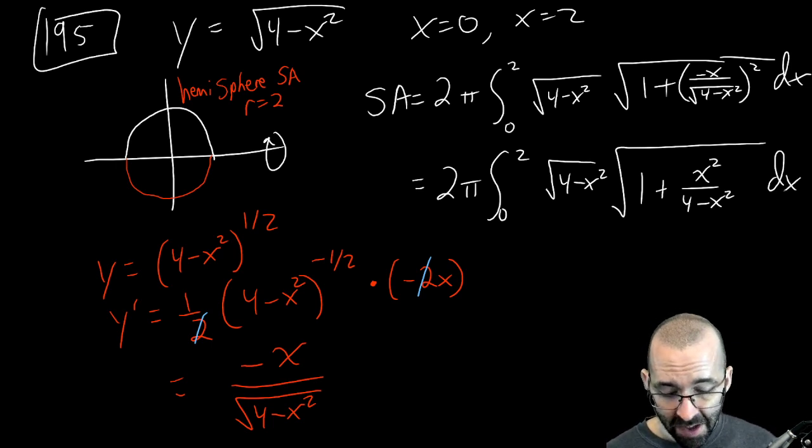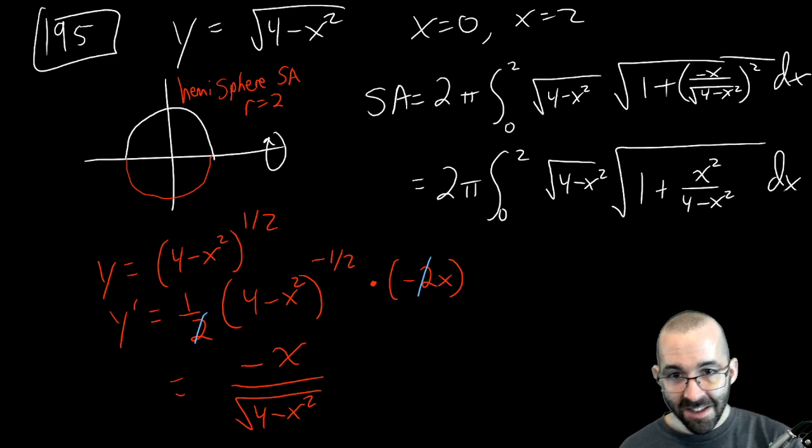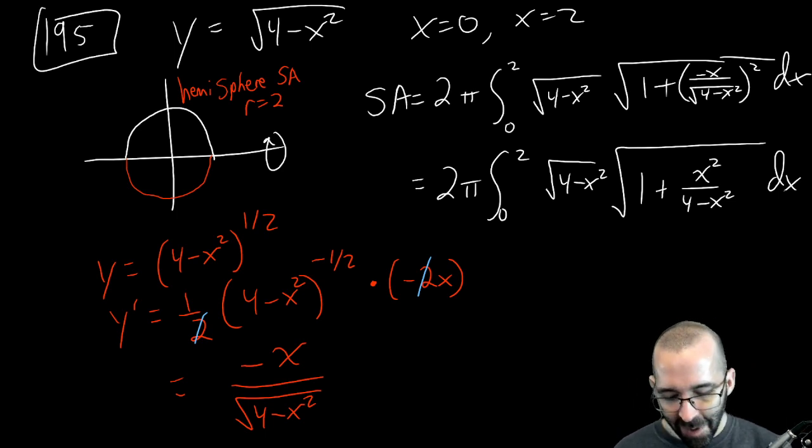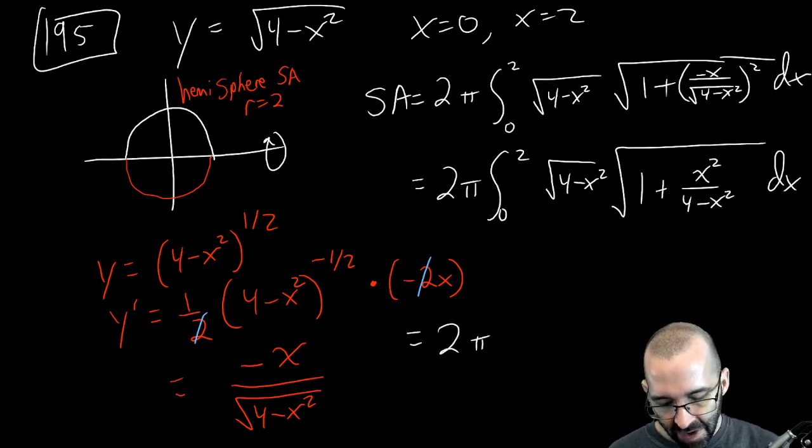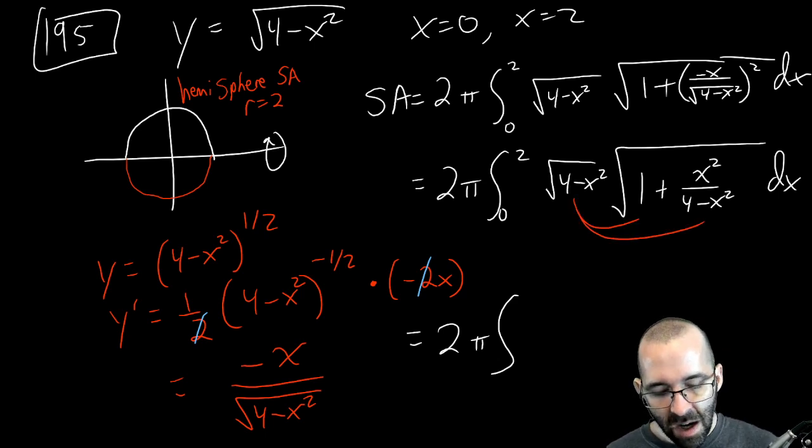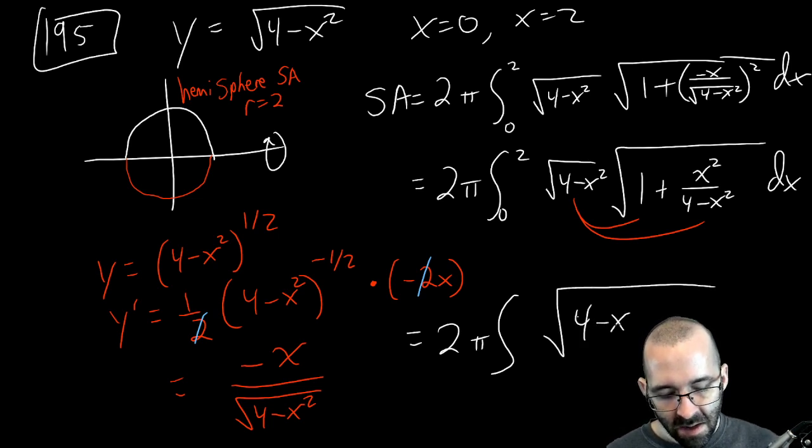Yeah, this is looking pretty doomed. But let's work with it. So if we distribute this 4 minus x squared in, we get some cancellation. 4 minus x squared times 1 is 4 minus x squared. 4 minus x squared times the other fraction cancels, and we get, oh!